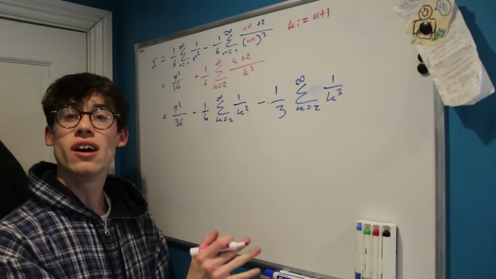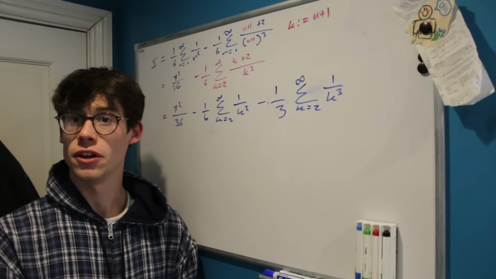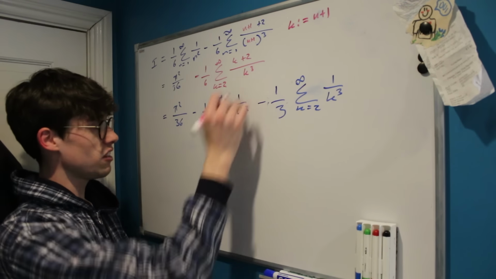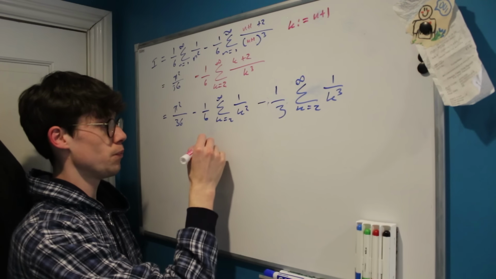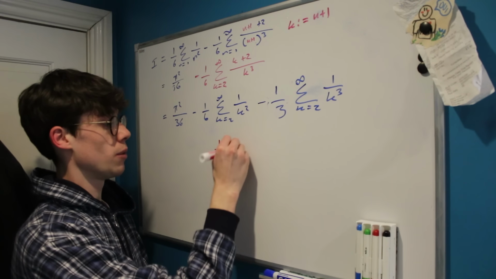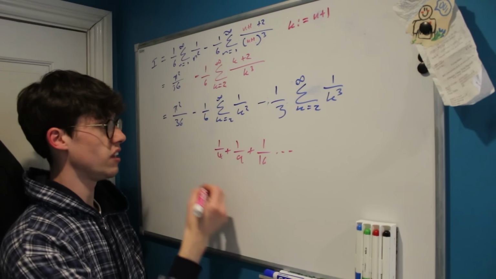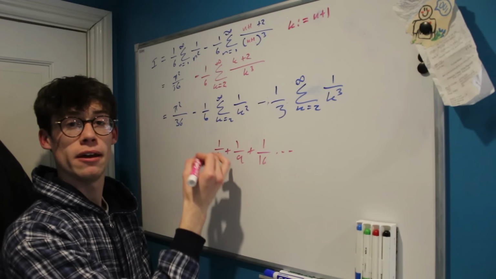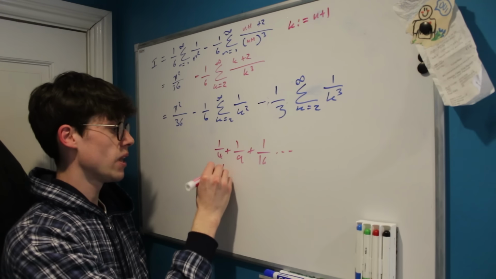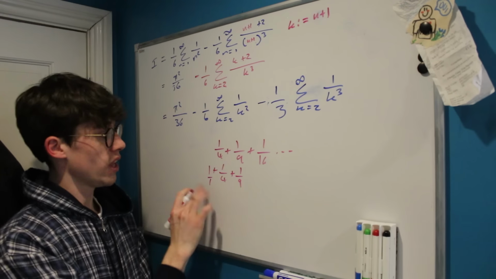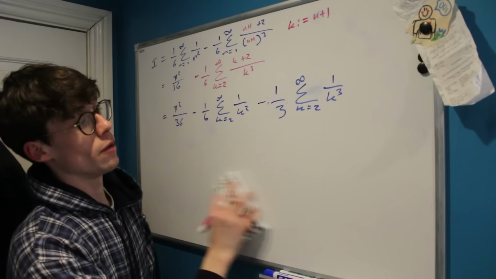But the first term in any integer value of the zeta function's always got to be 1, right? Because this sum here from 2 is going to be 1 over 4 plus 1 over 9 plus 1 over 16 off to infinity. The only difference between that and starting from k equals 1 is that if we start from 1, we've got 1 over 1 over here. And the same can be said about k cubed.